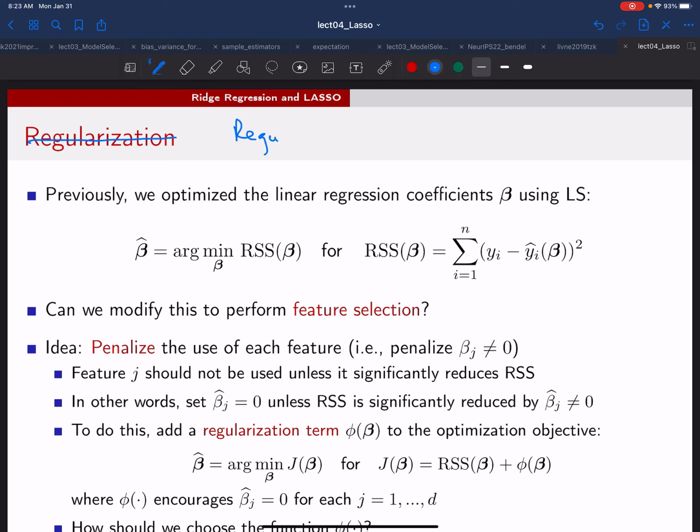If you want to visualize what's going on, we have this picture on the right, which compares these two things just looking at the jth coefficient. Here's our quadratic, our standard parabola, and then the absolute value penalty looks like this.